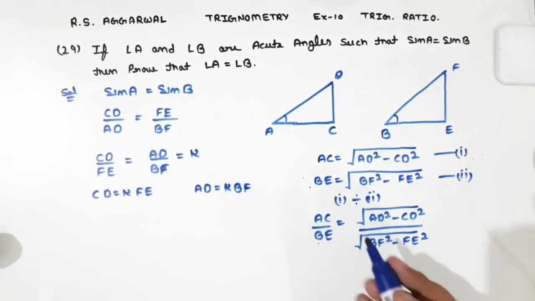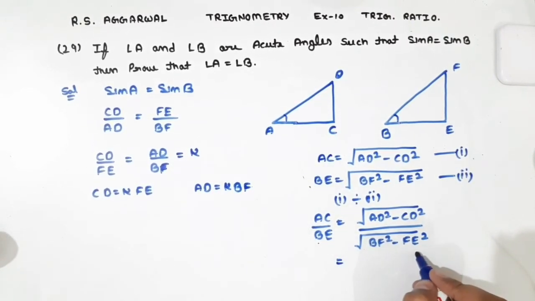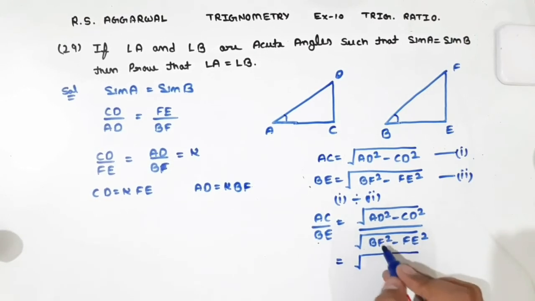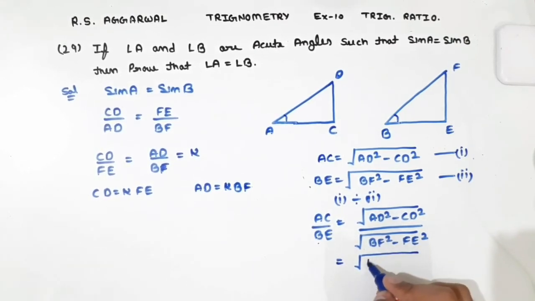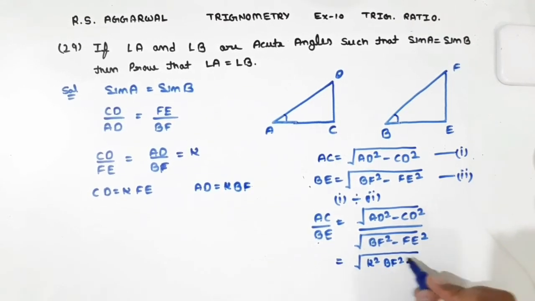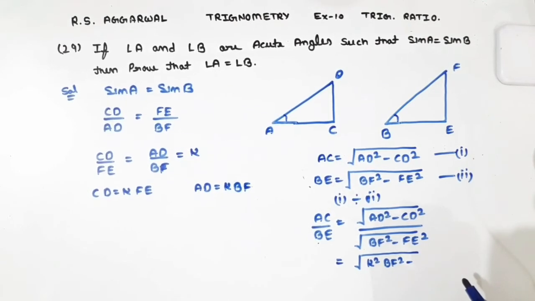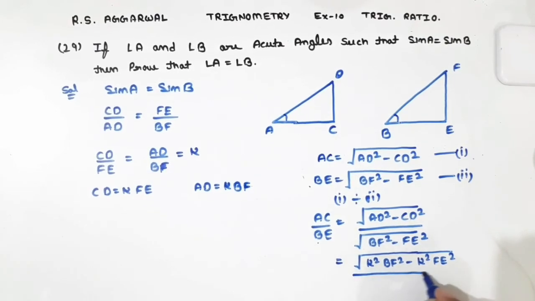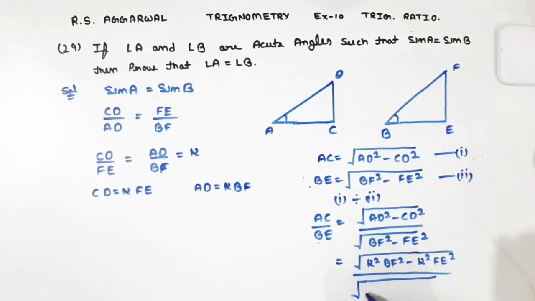We have AD equal to K BF, so this will be K square BF square, and CD is K FE, so this will be K square FE square, upon under root BF square minus FE square.